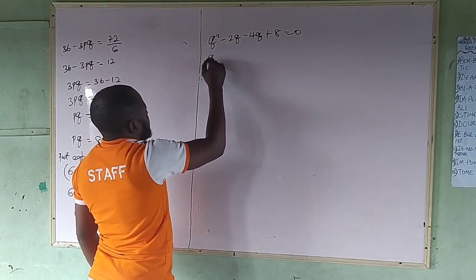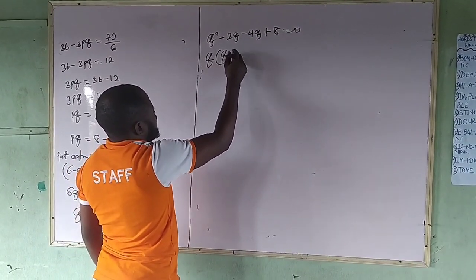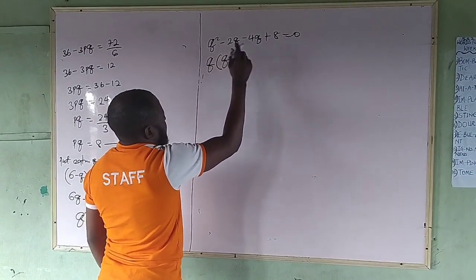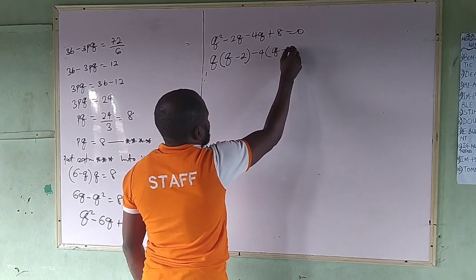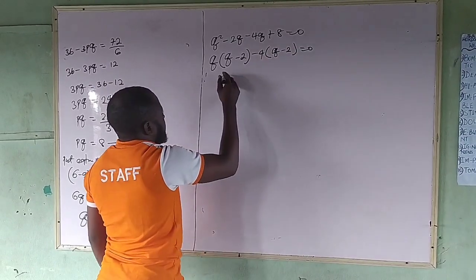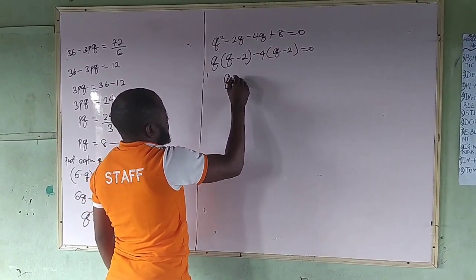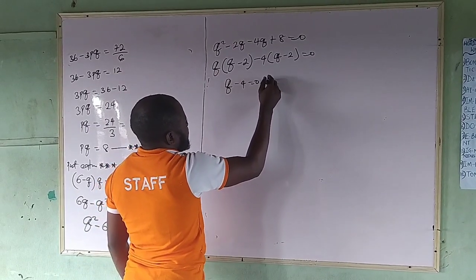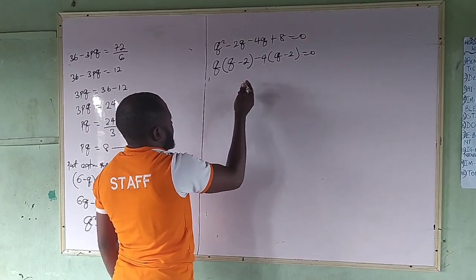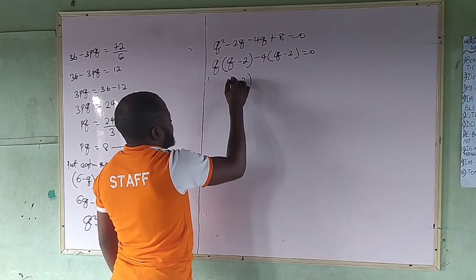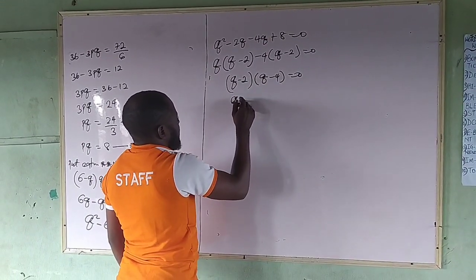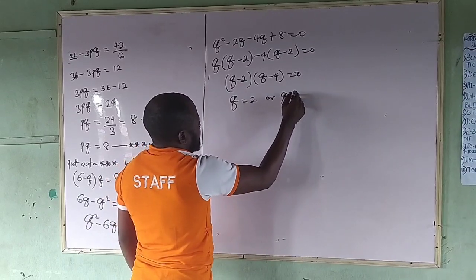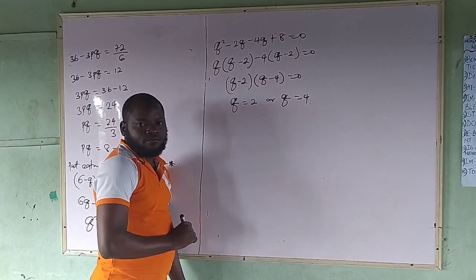So this will become what? q into q minus 2, because q is common here, and minus 4 is common here. Factorize it out, then we have q minus 2 multiplied by q minus 4 equals 0. So from here, q equals 2 or q equals 4.